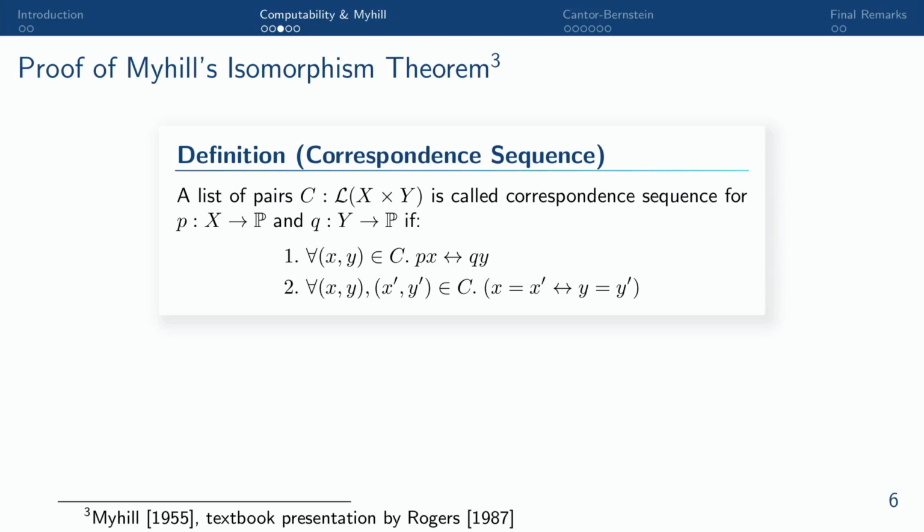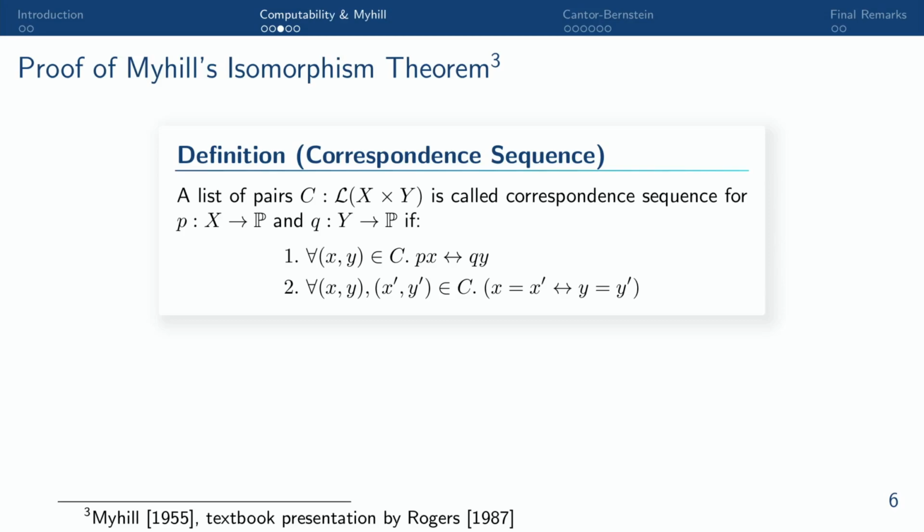And the main idea is to work with so-called correspondence sequences. You can think about a correspondence sequence as a finite or partial representation of a bijection. And we say that the list of pairs is a correspondence sequence for those predicates P and Q, if we again have this pointwise equivalence. And we have some kind of 1-1 property stating that for two pairs, their first components are equal if and only if their second components are equal, which ensures that no component is mapped to two different other components.